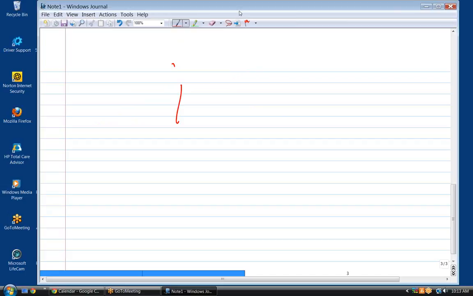Negative i. What is that? This is going to be 6 minus negative 12, so 18. That's all I can really think of off the top of my head. That's my imaginary number 101 lecture.